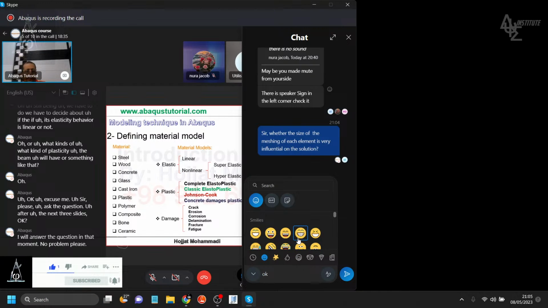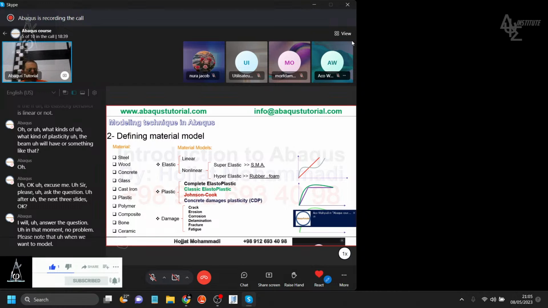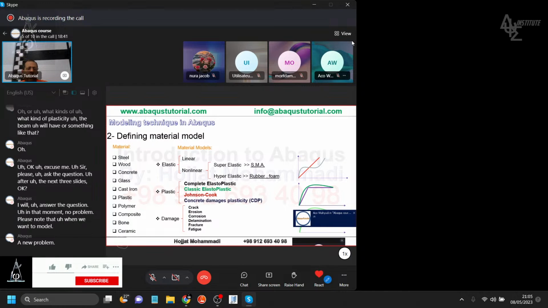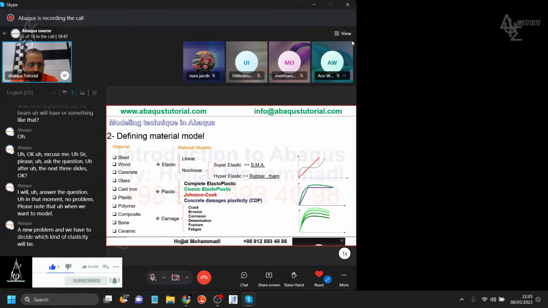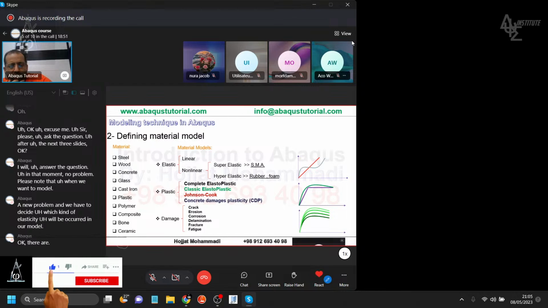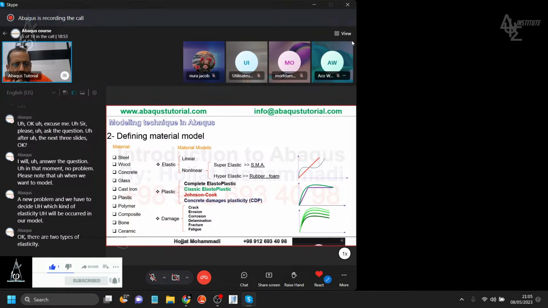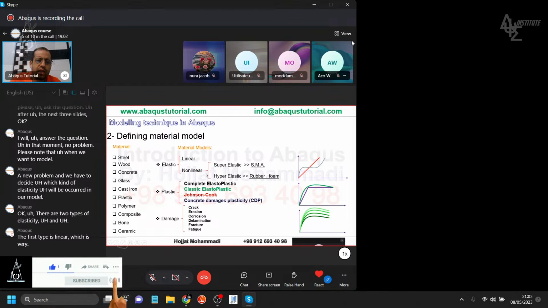Please note that when we want to model a new problem, we have to decide which kind of elasticity will occur in our model. There are 2 types of elasticity: the first type is linear, which is very famous, and the other is nonlinear elasticity.